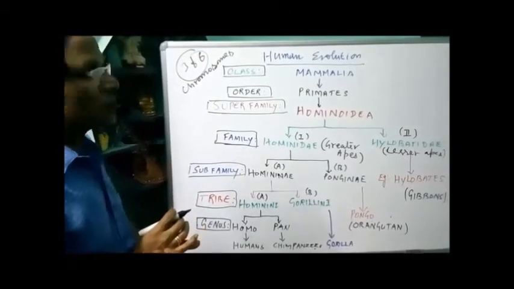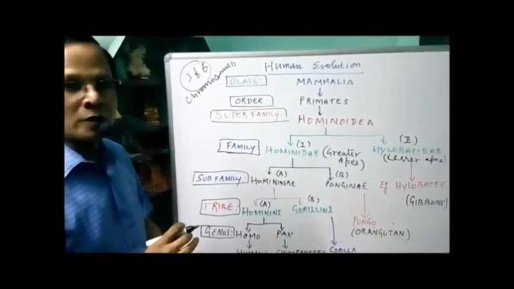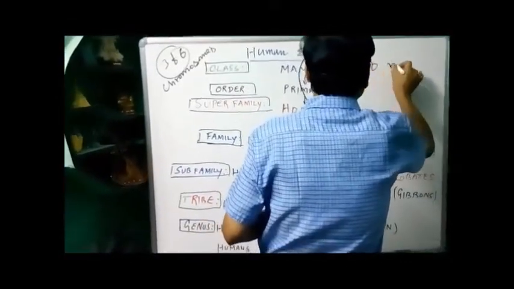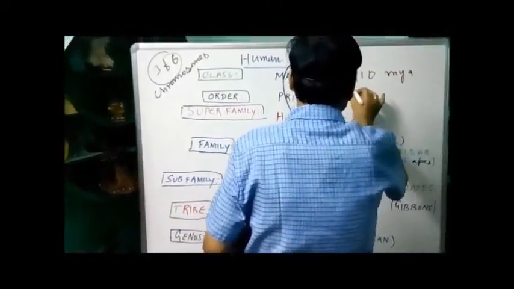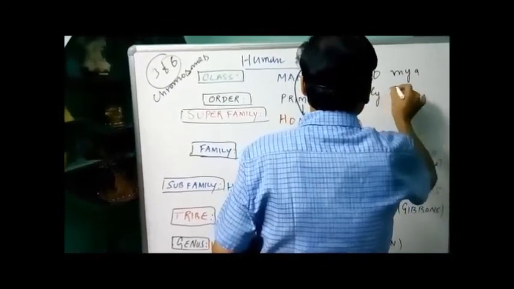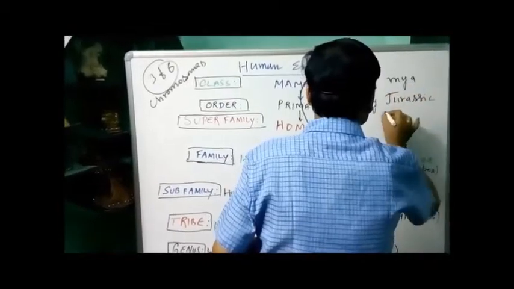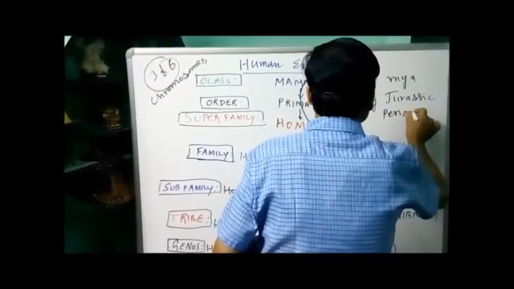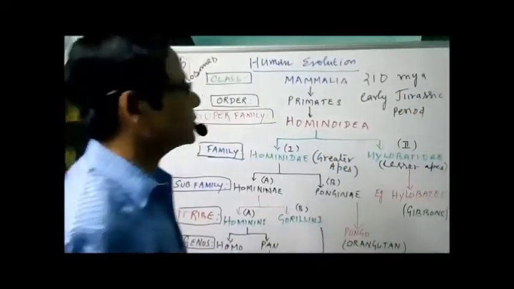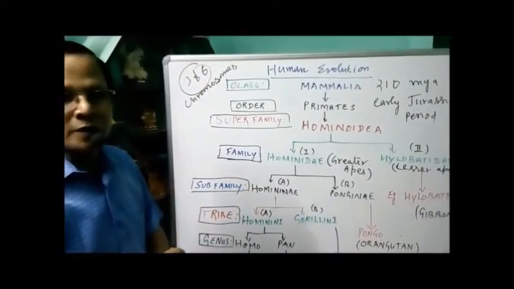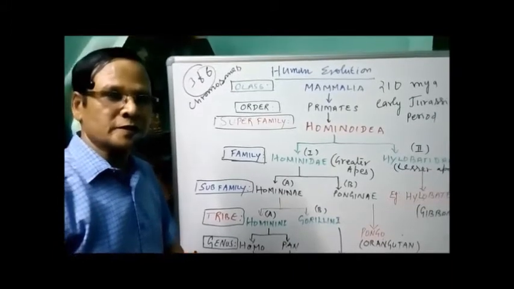Now the mammals in the northern world originated, or evolved, nearly 210 million years ago, during the early Jurassic period. In the geological time scale, we have the eras, then the periods and epochs.